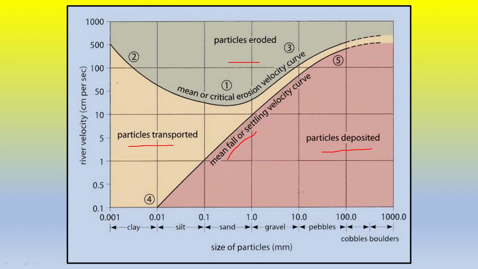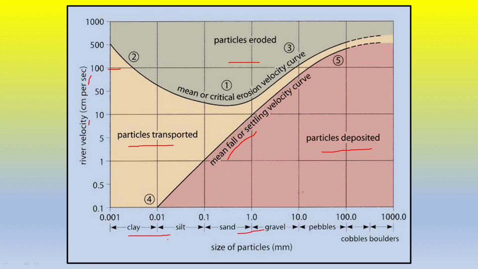And you see, now you check for fine and for coarse. So fine means clay and silt size, coarse starts from sand, gravel, pebble, cobble, boulder. Okay. So you can check this line. If you draw a line from about 100 cm per second flow velocity, then what happened?